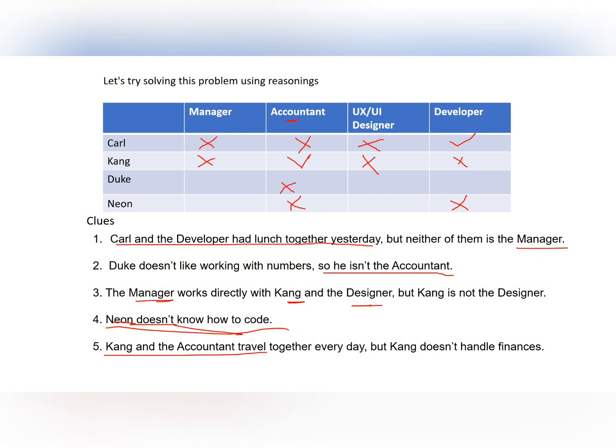Now, the roles we know so far are Carl being the developer and Kang the accountant. Duke and Leon's positions are still unknown.